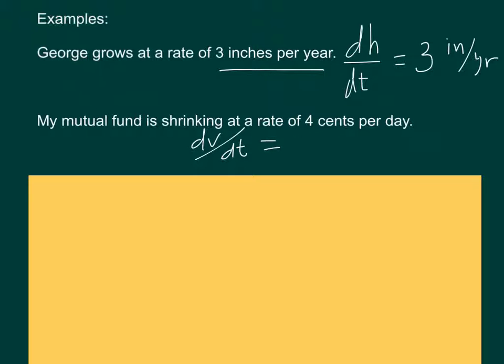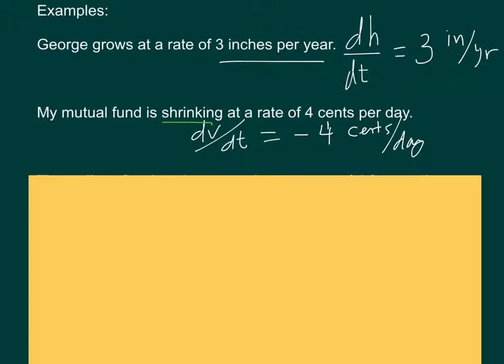And since it's shrinking, this is going to be a negative 4 cents per day. Or we could call it a negative 0.04 dollars per day, all depending on how we want to label that.